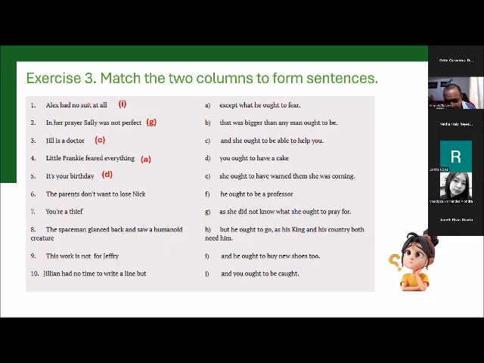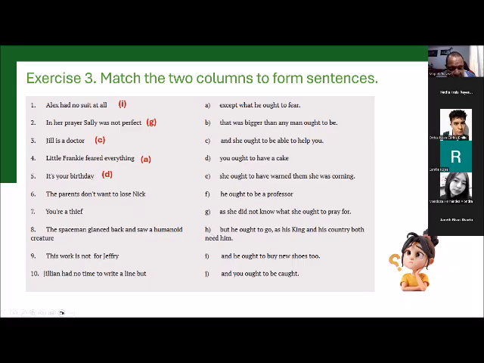The parents don't want to lose Nick. Letter H. Exactly, Janet. Please. But he ought to go as his king and his country would need him. Yes, thank you, Janet, for your help.